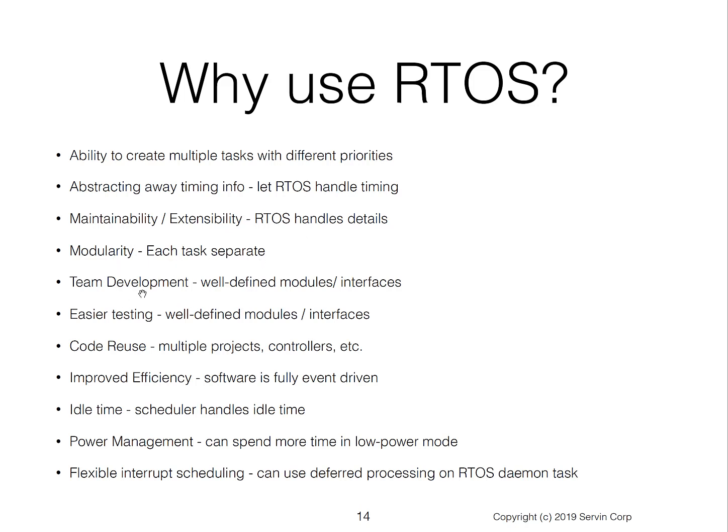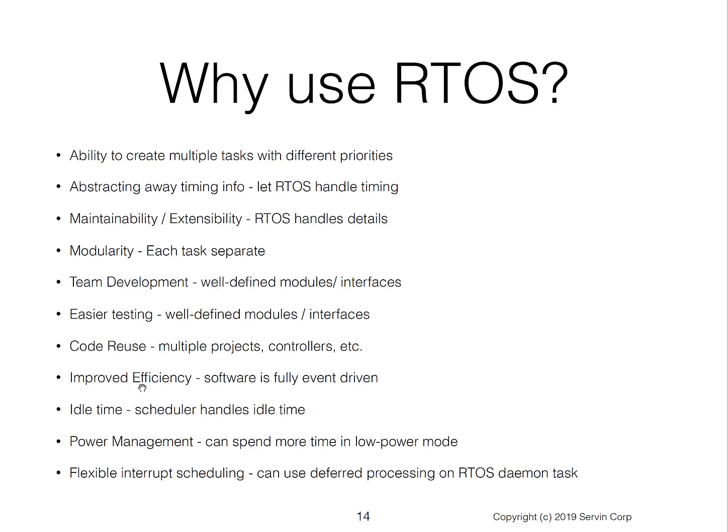Team development: within a team, each member can have a well-defined module that they work on, and there are well-defined interfaces. It gives us easier testing, right? Again, with these well-defined modules and interfaces. We have code reuse. We can reuse the same foundation in multiple projects.